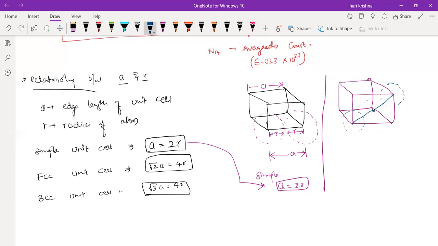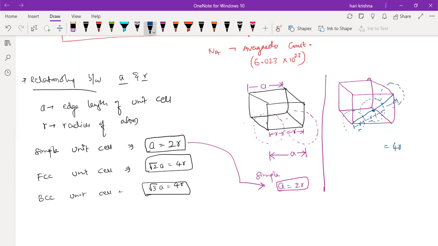This is one more atom. So how many atoms are there along the diagonal? Three atoms, right? From here to here, 1 R. These are 2 R's because that is a diameter actually. And here to here, 1 more R. Total how many R's are there? 1, 2, 3, 4. 4 R.